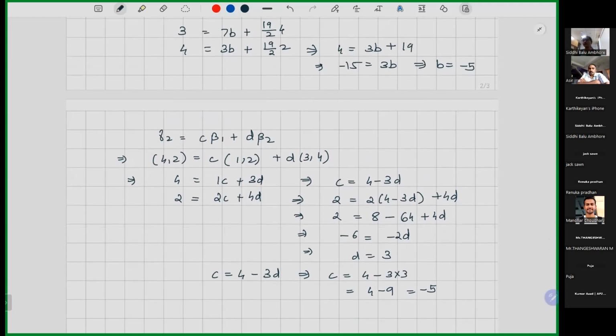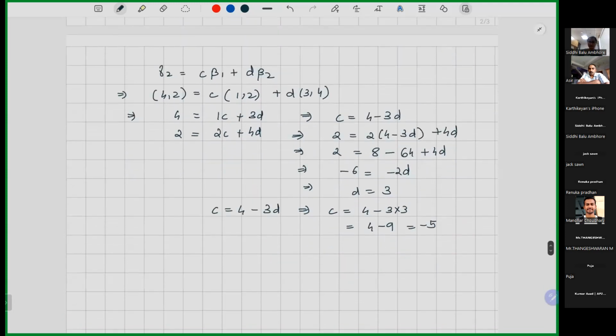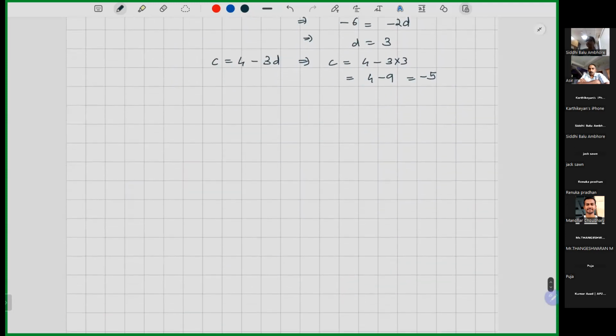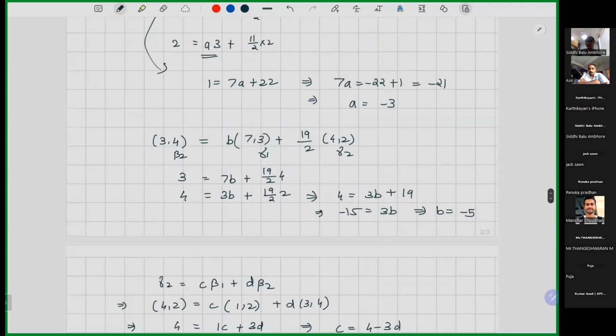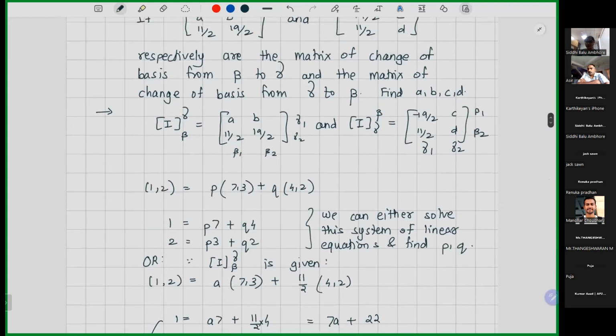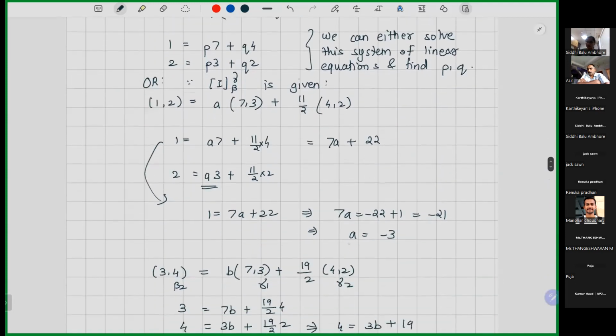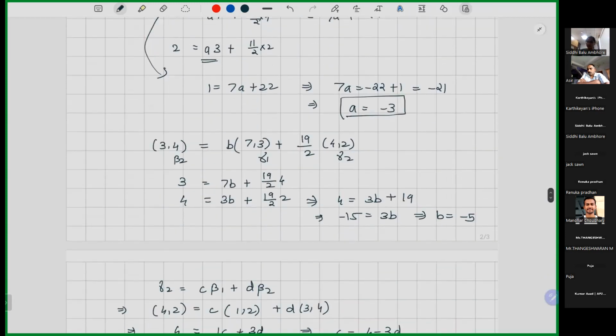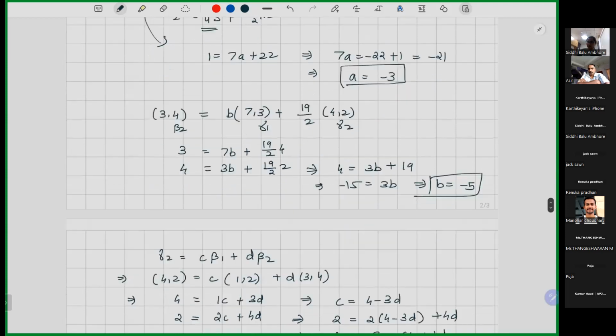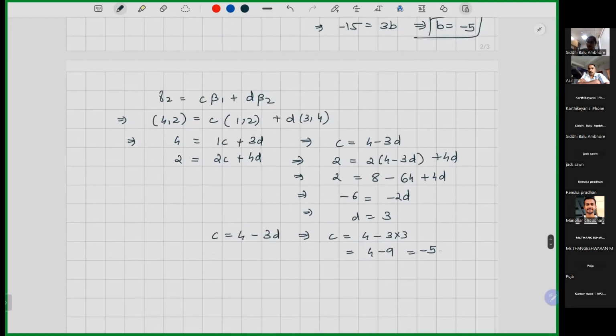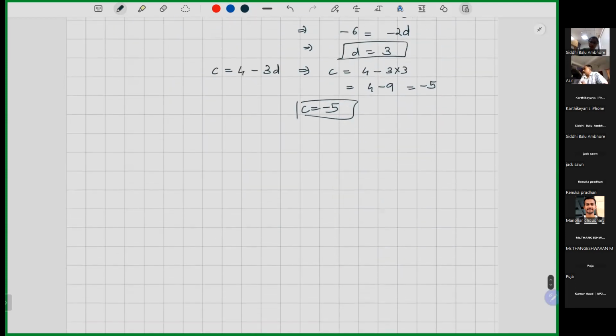So no comments, so I assume that it is clear. So for the sake of making this answer complete, A was -3, B is -5, and C is -5 and D is 3 here. Okay. So we'll move to the second question now.